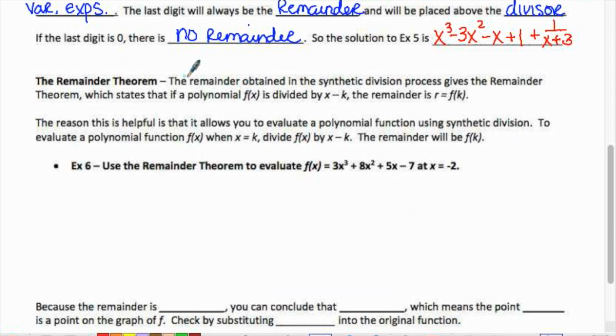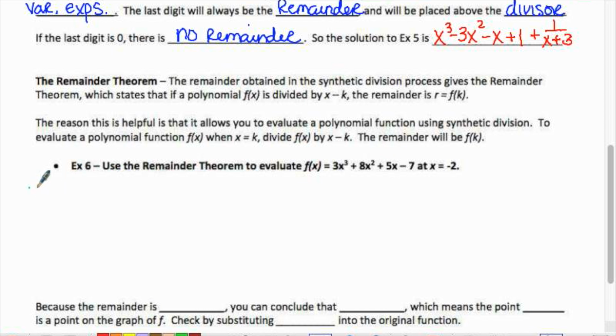The remainder theorem: the remainder that is obtained in synthetic division gives the remainder theorem, which states that if the polynomial f of x is divided by x minus k, the remainder is r equals f of k. In other words, I can actually use synthetic division to evaluate a function.